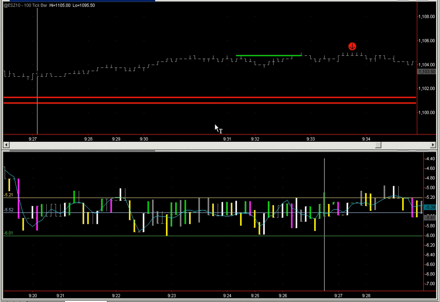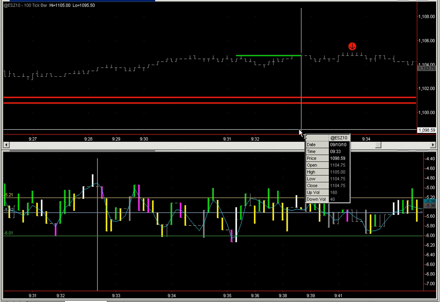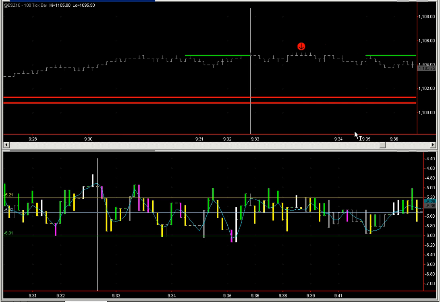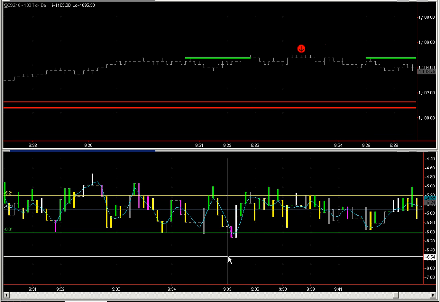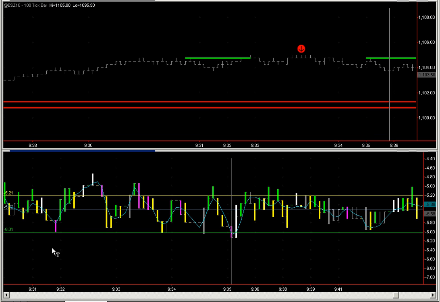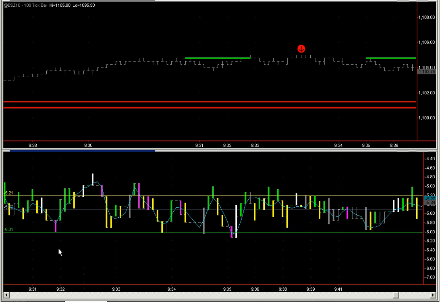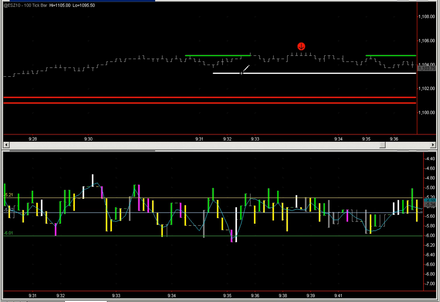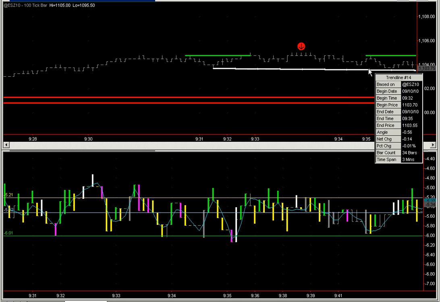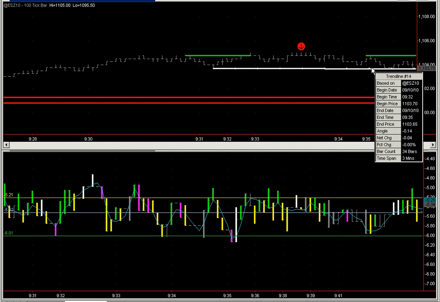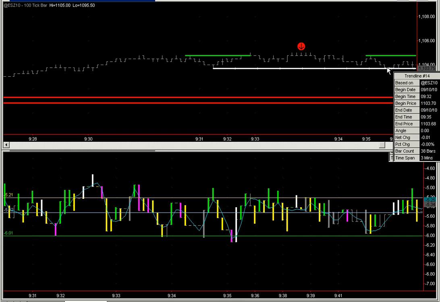Now, let's look for the setup here. Oops. There we go. Right, there's your setup bar right there. So that's indicating that we should see a retracement back down to that level, which we see takes place.